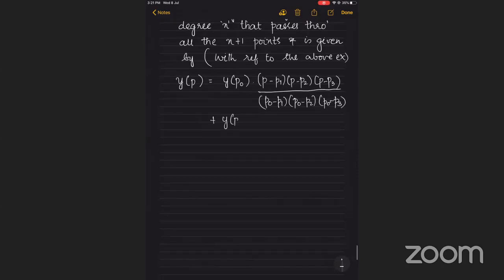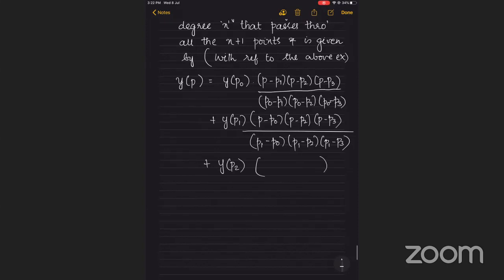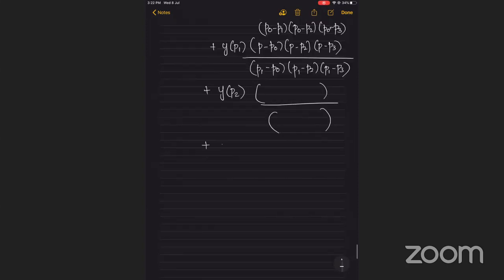Do the same thing, p minus p0 into p minus p2 into p minus p3 divided by p1 minus p0 into p1 minus p2 into p1 minus p3, plus y of p2 into whatever terms that we have, plus y of p3 into that term by this. So we end up getting our coefficients very easily from here.